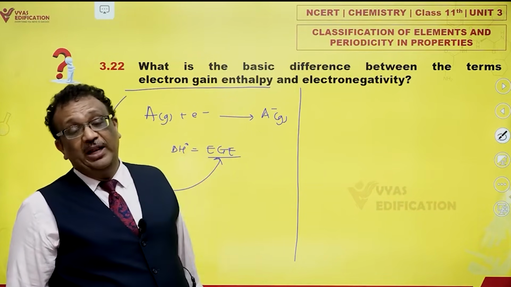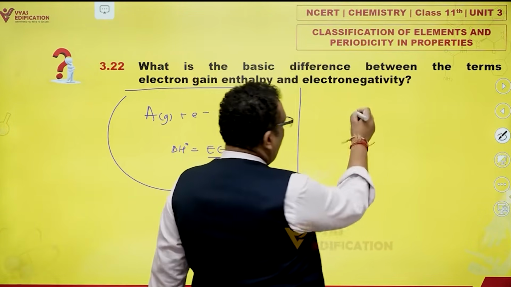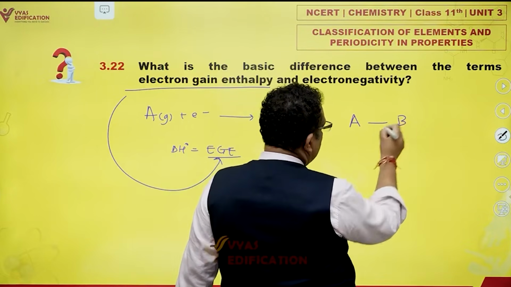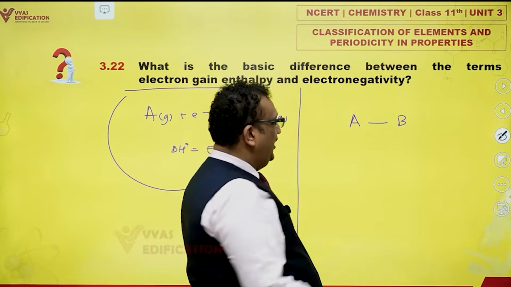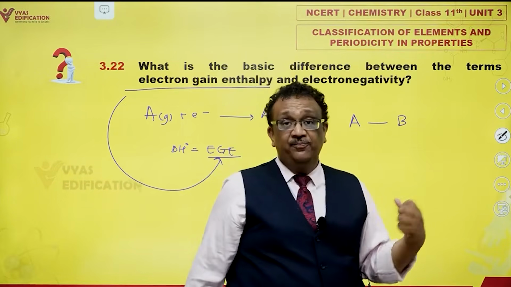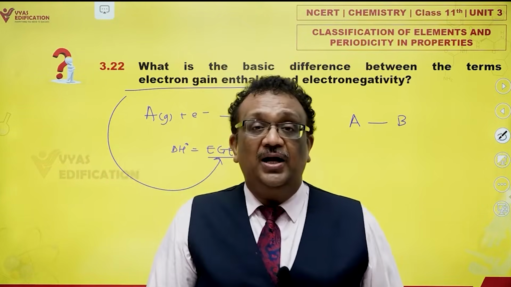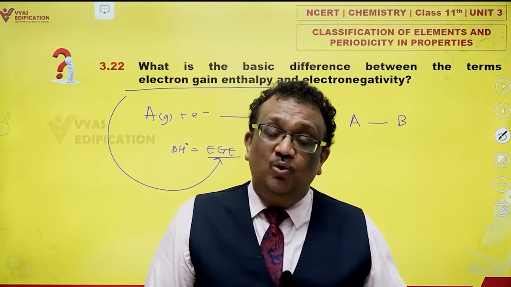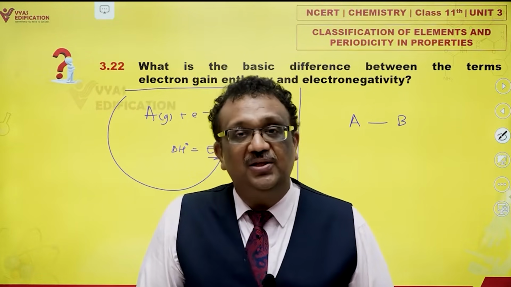When we are talking about electronegativity, electronegativity just involves pulling away of a shared electron cloud towards one atom whenever two different atoms are attached to each other.